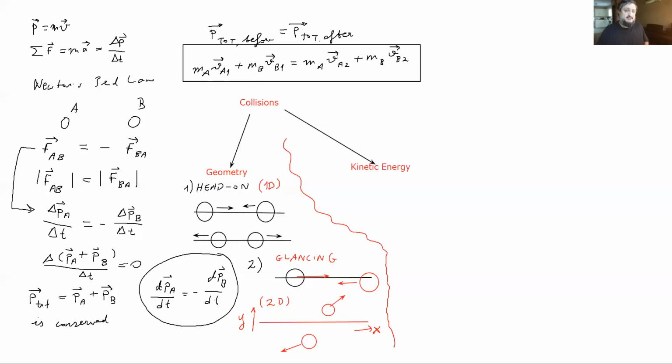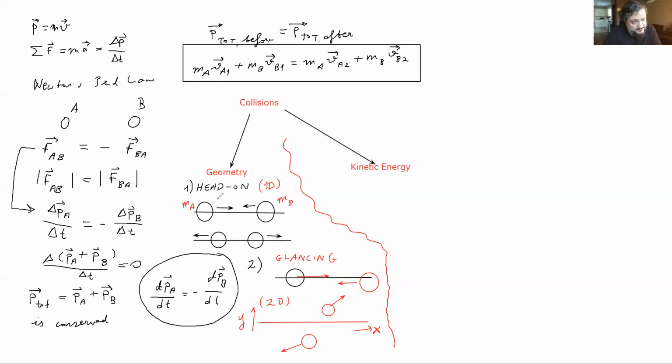Now, there's another way to classify collisions, and that's based on considering what happens to the total kinetic energy. All right? It'll be the total kinetic energy, not just the kinetic energy of A or B. Let's rename these MA and MB.